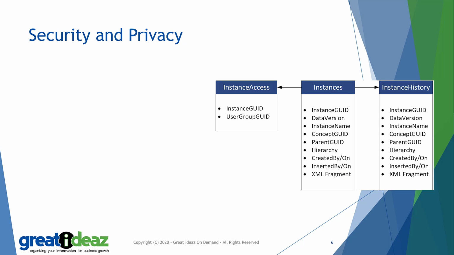In recent years, security and privacy have become fundamental requirements for most database applications. To maintain privacy of personal information, row-level security has become a prerequisite.